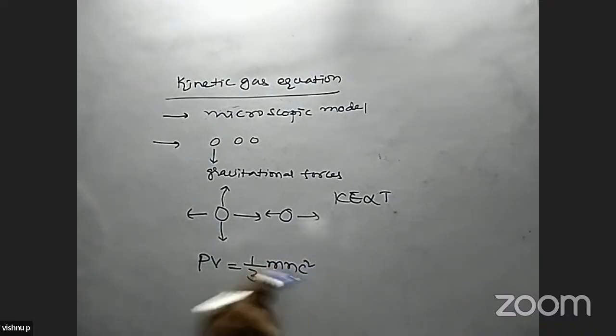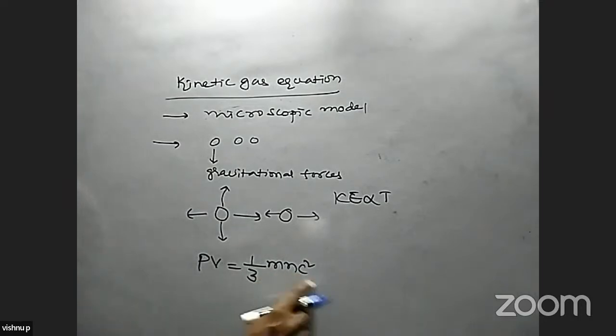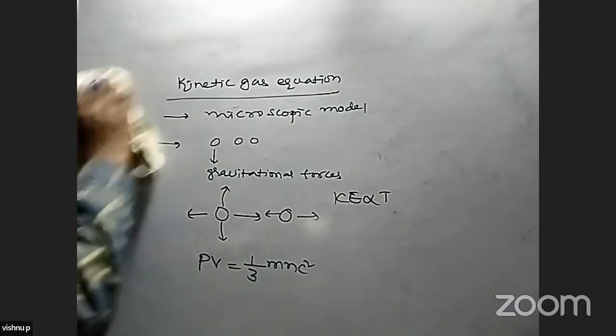M is the weight of the gas, N is the number of moles, and C is called the RMS velocity, or root mean square velocity of the gas.